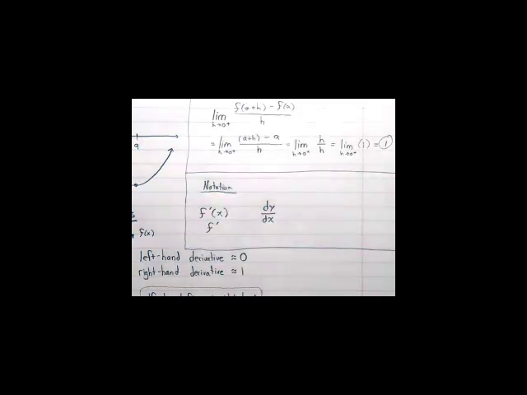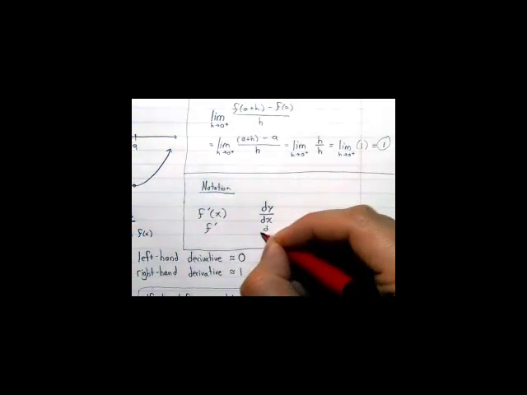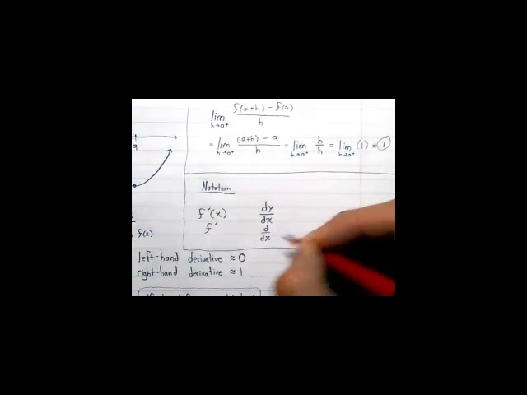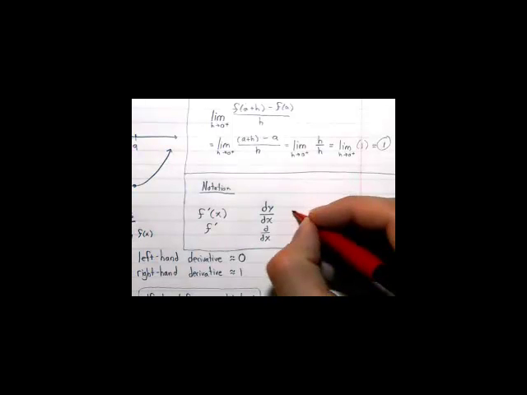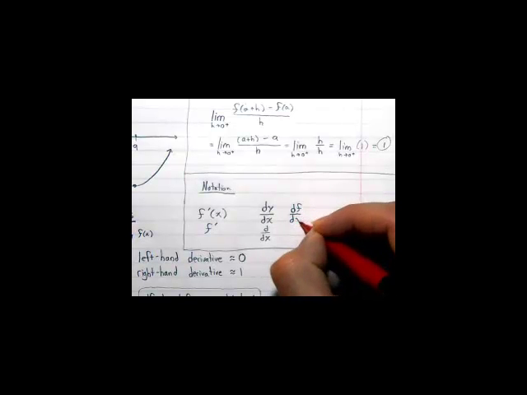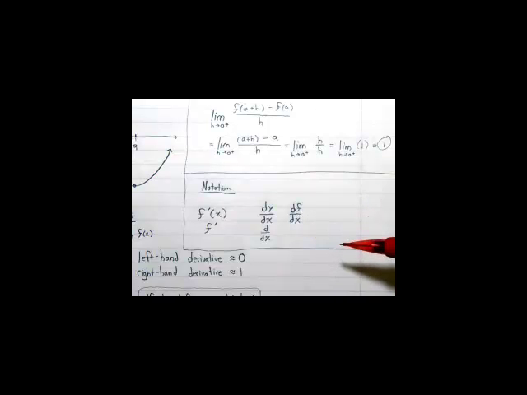Another way that he does his notation, depending on what you're doing, you might see it written simply as d dx. So dy dx or d dx. Another way that he did it would be like df dx. So instead of talking about y and x, it's a function versus x.